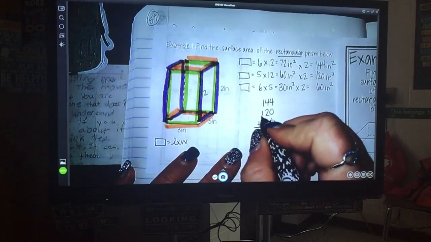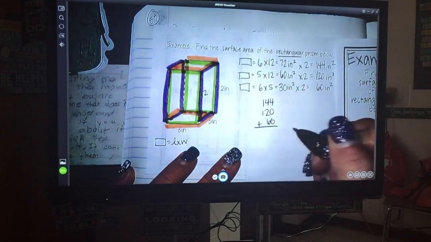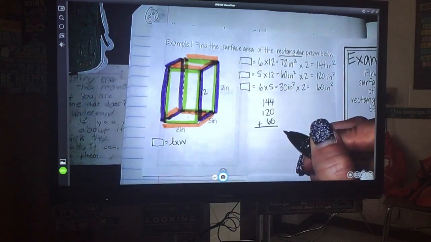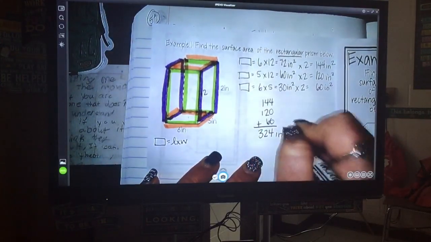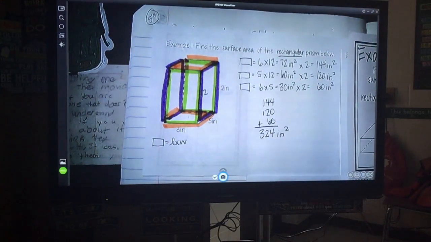It's 324 inches squared. It's not cubed because no matter what we did, how many numbers did we multiply together?